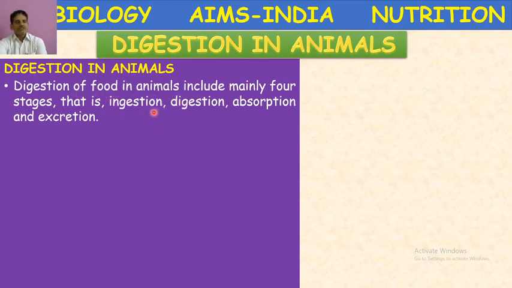First, ingestion, intake of food, then digestion, the process of breakdown of food materials, then absorption, means after digestion food is absorbed, then assimilation, thereafter egestion or excretion.